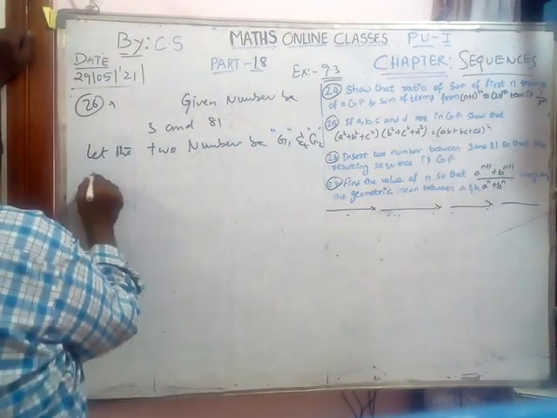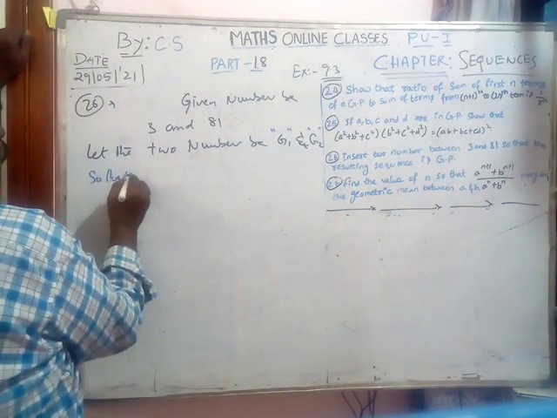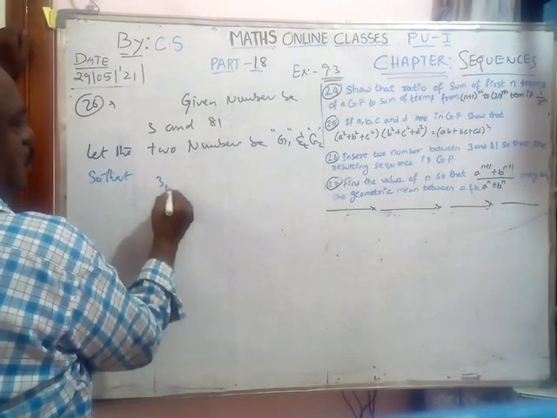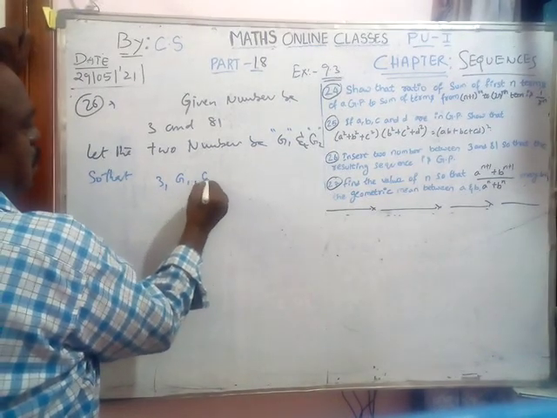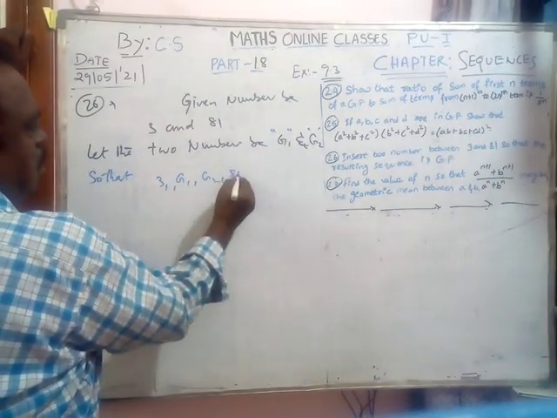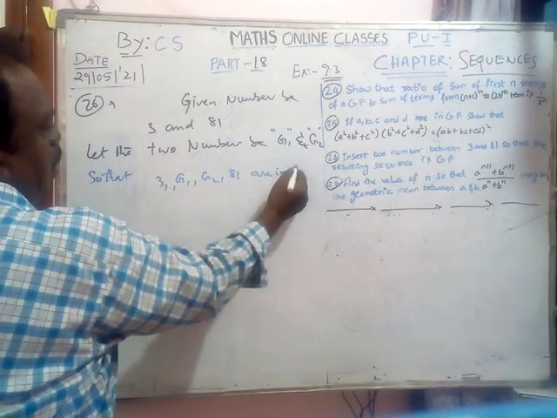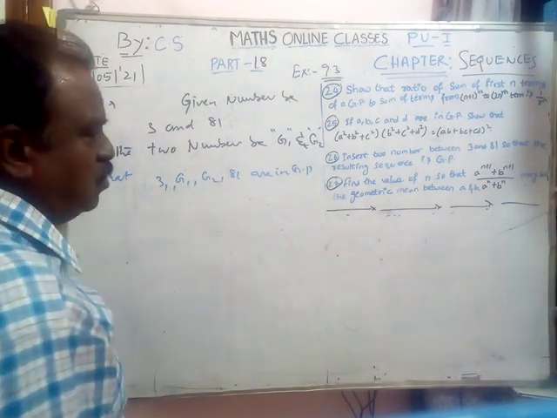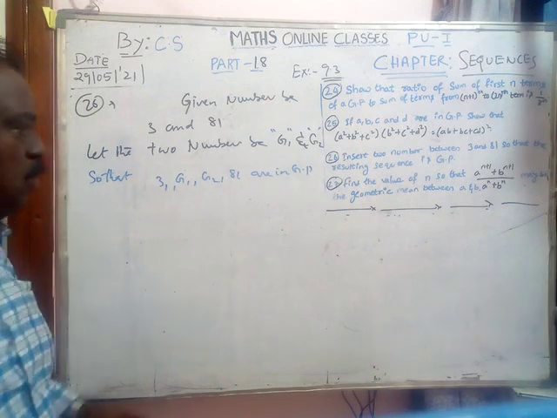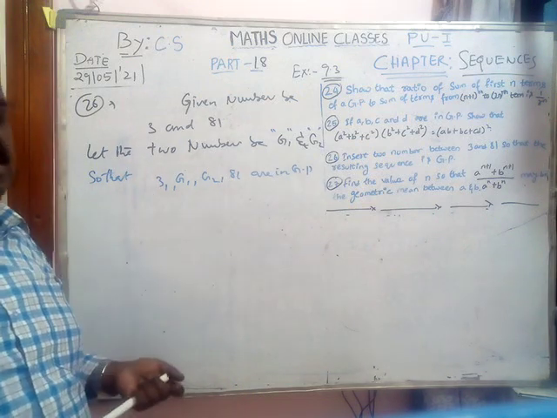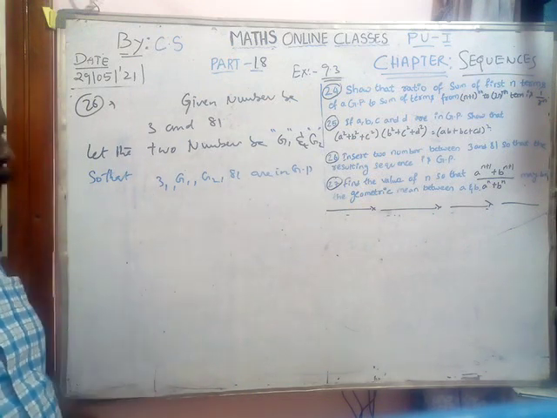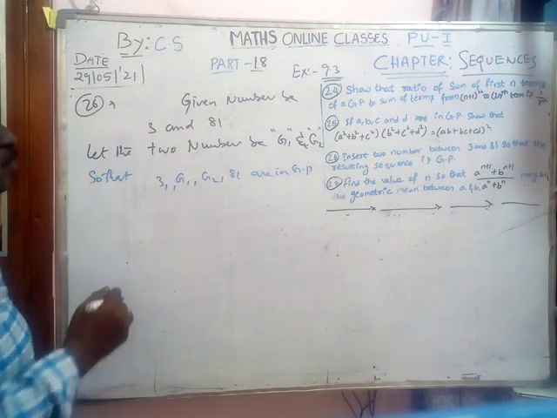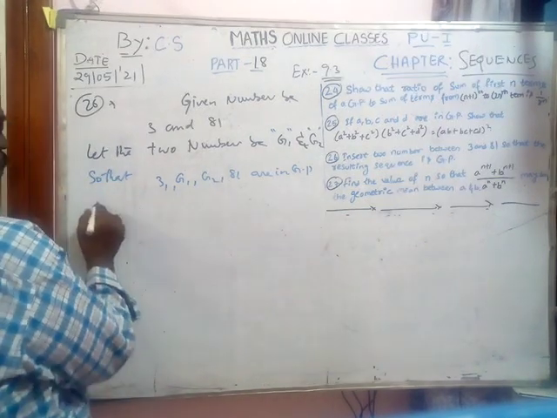So that 3, G1, G2, 81 are in GP. If the resulting sequence is in GP, then they are called geometric means. Right? And we have to find those numbers.